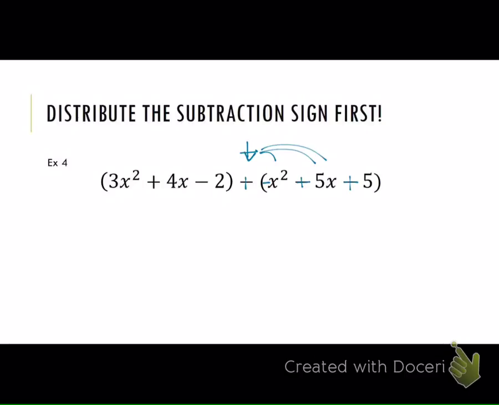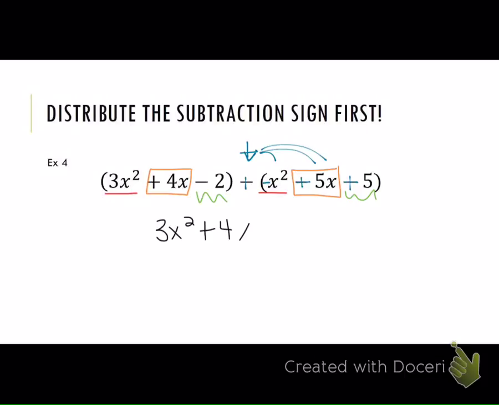Trin, give me some like terms. But it would be negative x squared, right? Gotta be careful. Grace, give me some more like terms. 4x and positive 5x. Good. Kobe. 5 and negative 2.